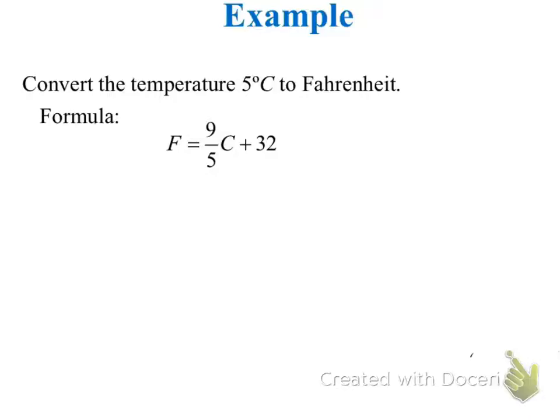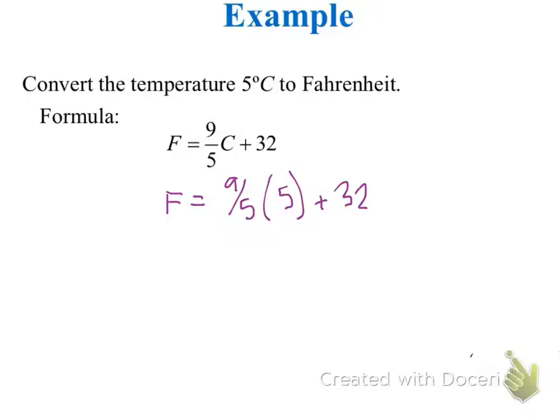So I'm going to substitute in 5 for the C in Celsius. So that gives me Fahrenheit equals 9/5 times 5 plus 32. Now all I have to do is simplify. I can use my calculator to do that math.